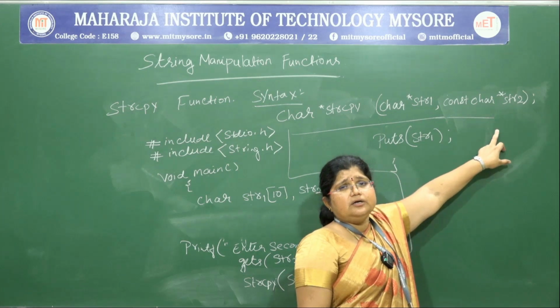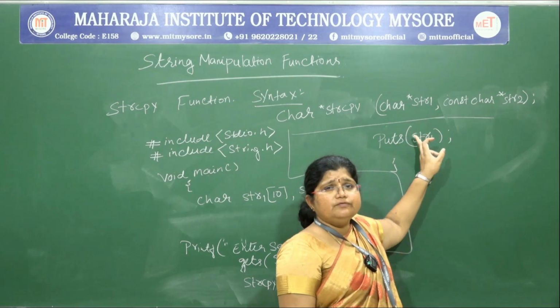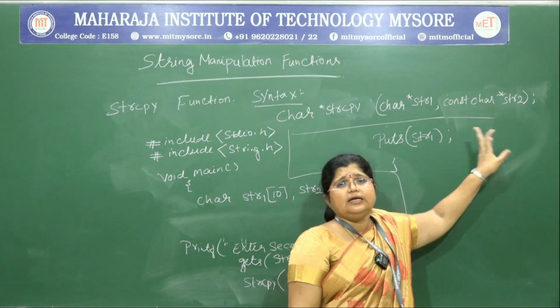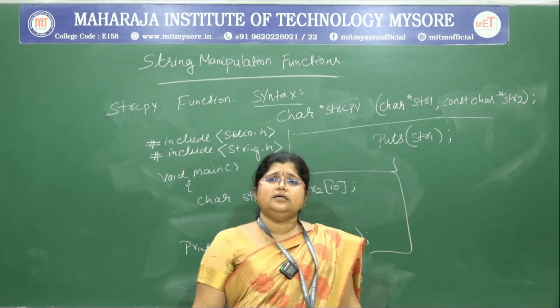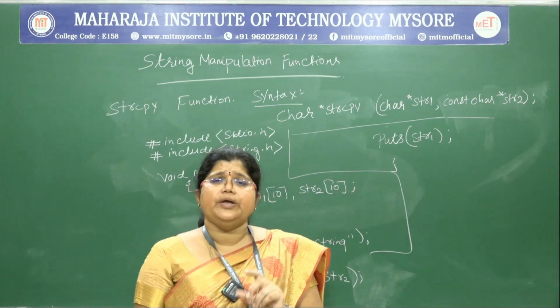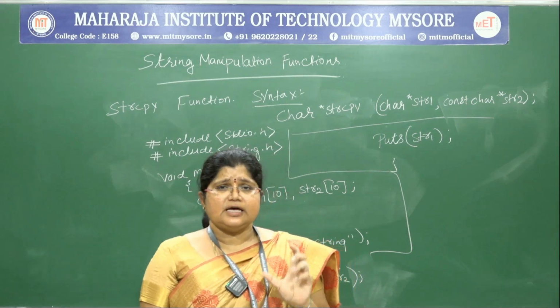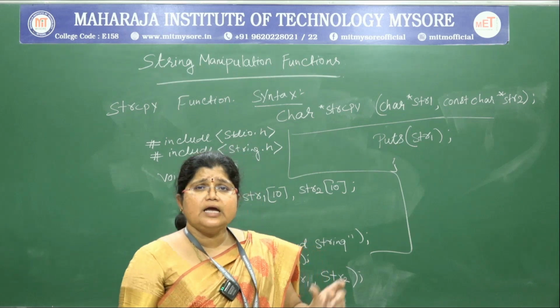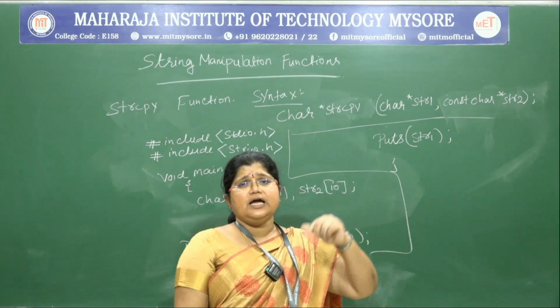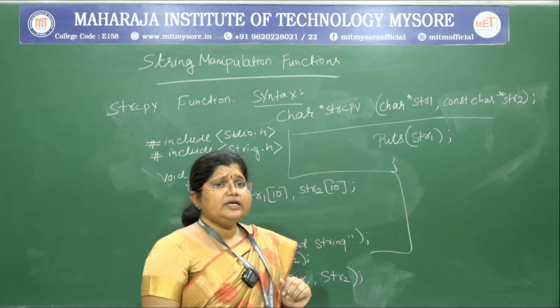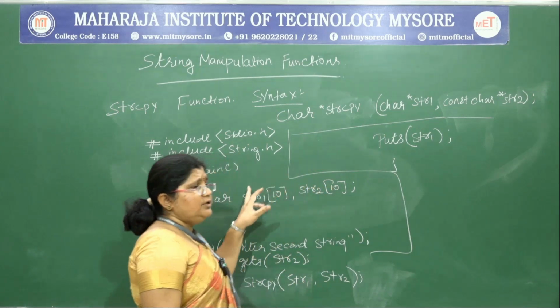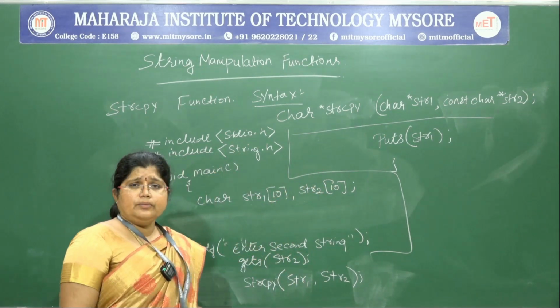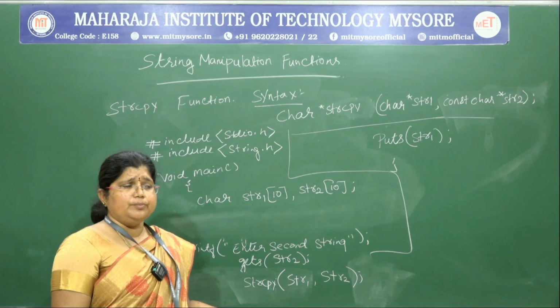The second string must be copied to the first string including the null character. While copying the data, the size of string 1 must be enough so that it can accommodate str2. Now with an example we are going to understand how the function performs its operation.